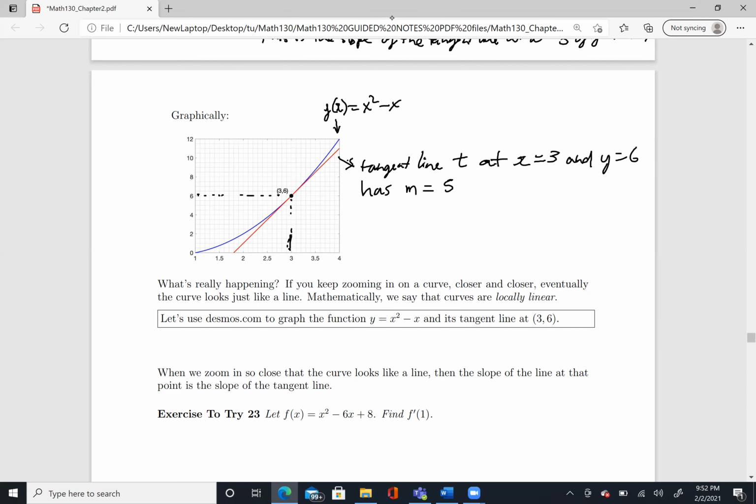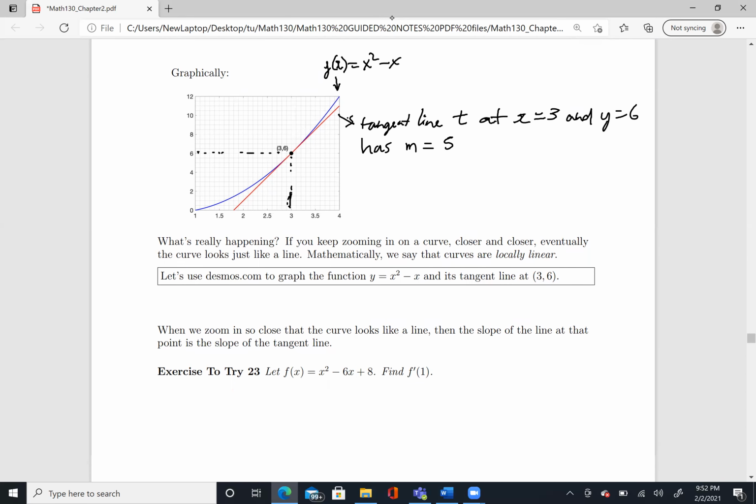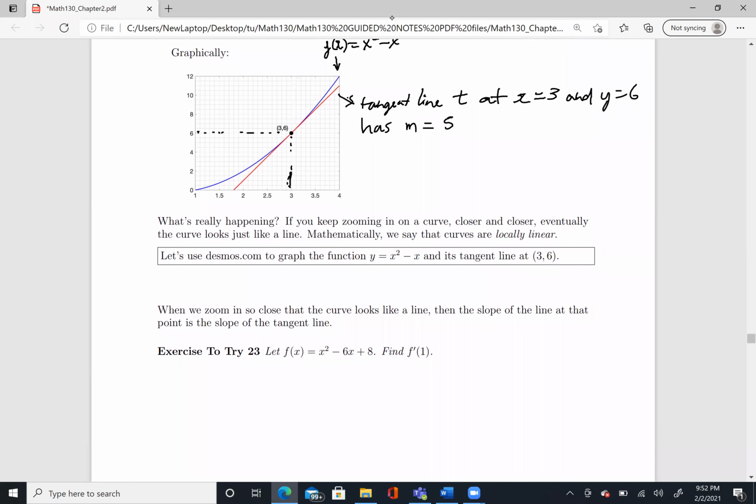So what's really happening is if you keep zooming in on a curve closer and closer, eventually the curve looks just like a line. Mathematically, we say the curve is locally linear.